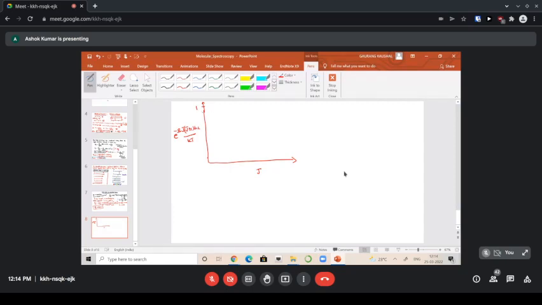So this is 1, this is 0.5, 0.5 here, and 0.5 here.